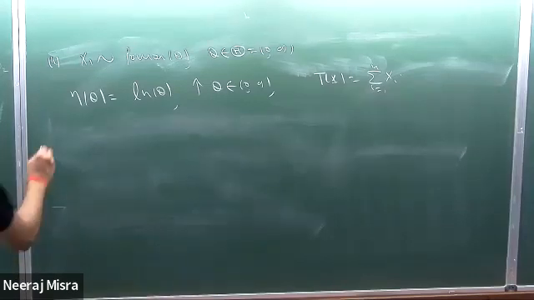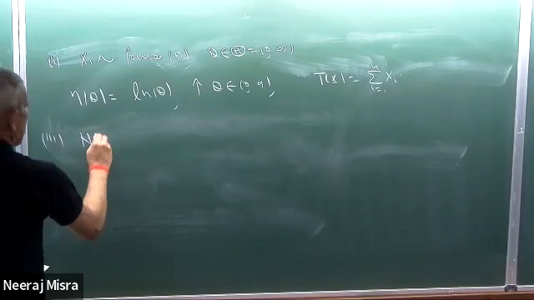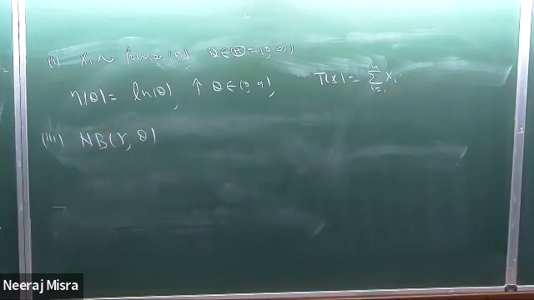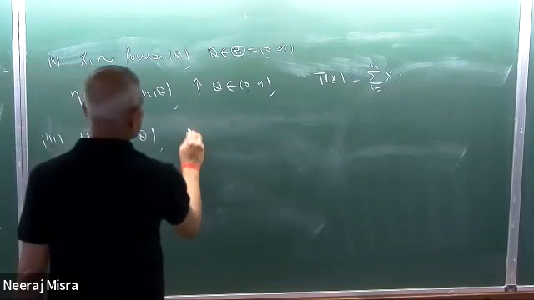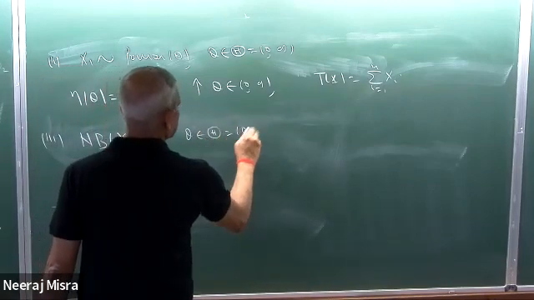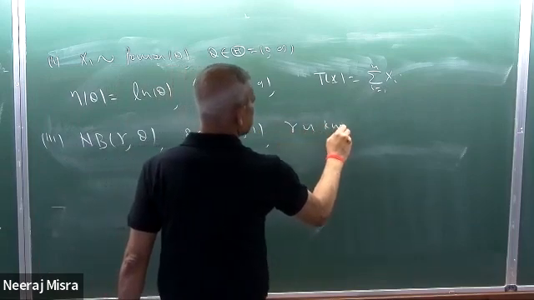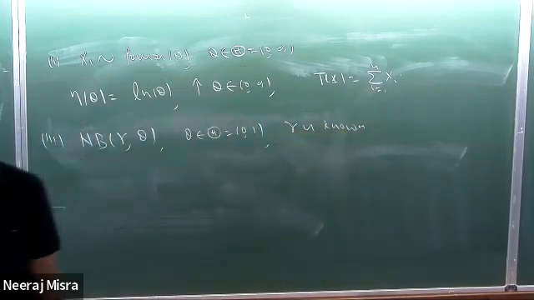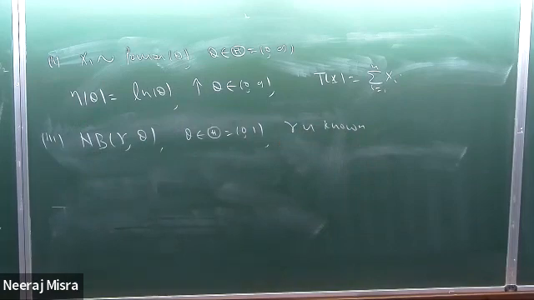Next, negative binomial(r, theta), r is known. So what would this be? Number of trials required to get r successes. So p to the power r, 1 minus p to the power something, so it will be a log term, right?